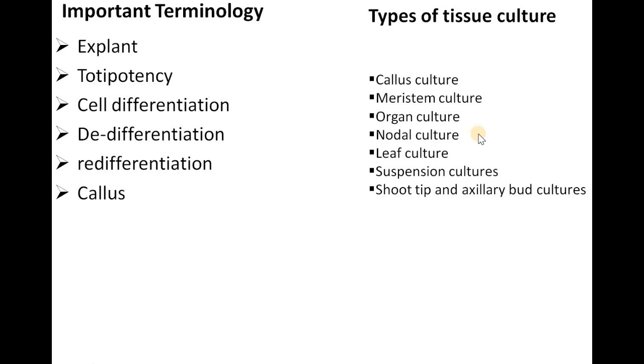Organ culture includes using embryos, ovaries, ovules, anthers and other organs of the plant for initiating the tissue culture process. Use of nodal regions is termed nodal culture. Similarly, we have leaf culture. Suspension cultures are cultures in which individual plant cells are allowed to grow in liquid medium. So these are all the different types of tissue cultures.